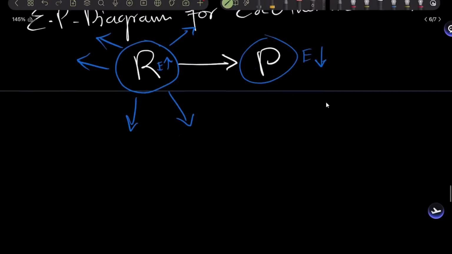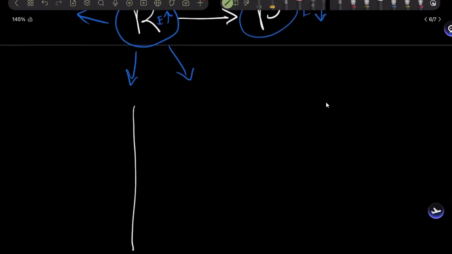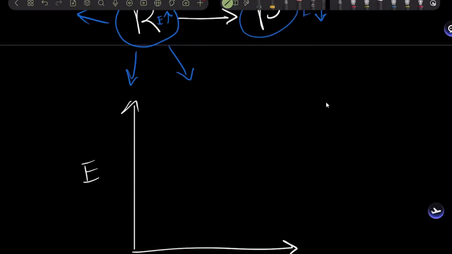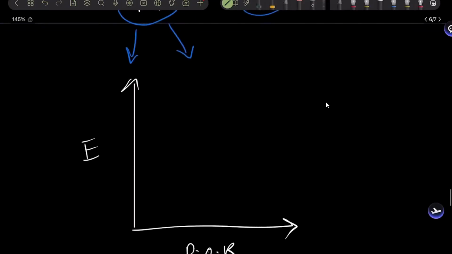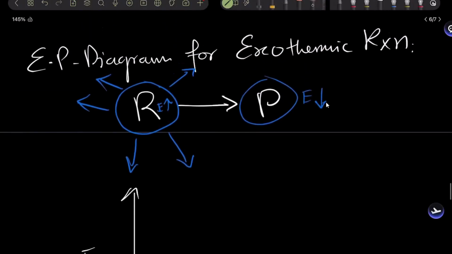Now I can make my energy profile diagram. So energy on the y-axis and the progress or path of reaction on the x-axis. Again, first I'll make the reactant line and then I'll make the product line, then connect them with an energy hump. Who has higher energy in exothermic reactions? Reactants.